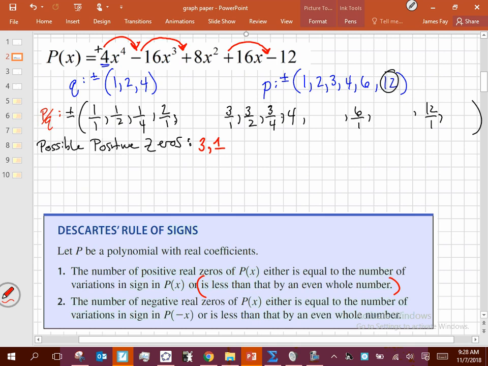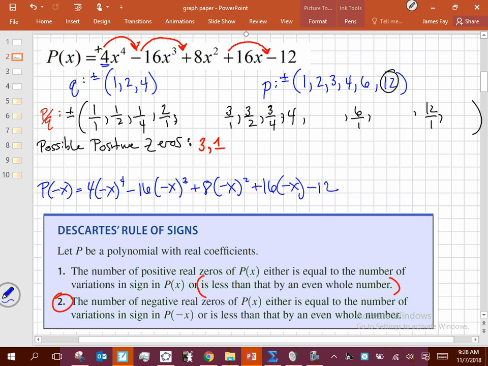Now, another aspect of the rule of signs is step 2, which is a little bit more involved. It says that the possible negative zeros is equal to the sign changes in P of negative x. So we're going to do a little work here. We have to rewrite our function for P of negative x. The work is not mentally taxing, it's just the amount of writing we have to do.